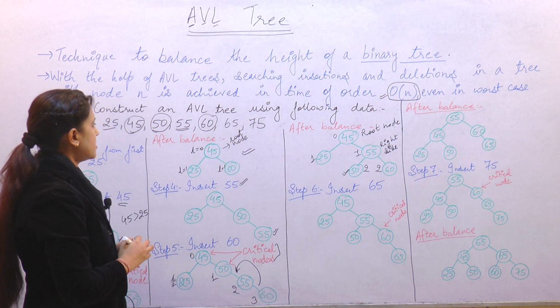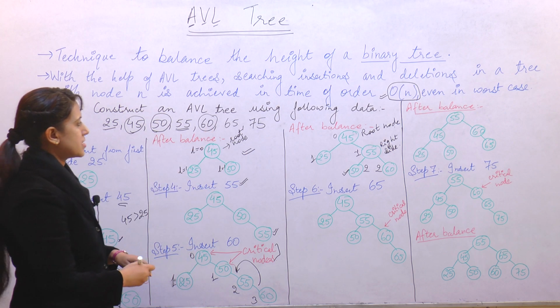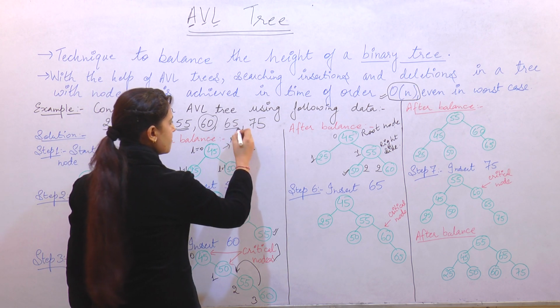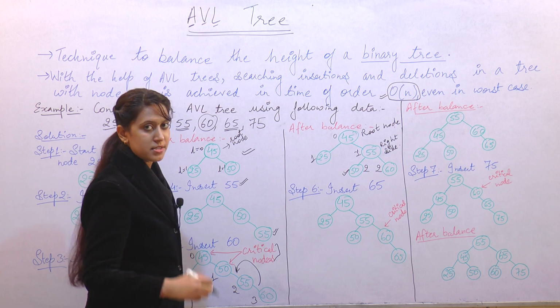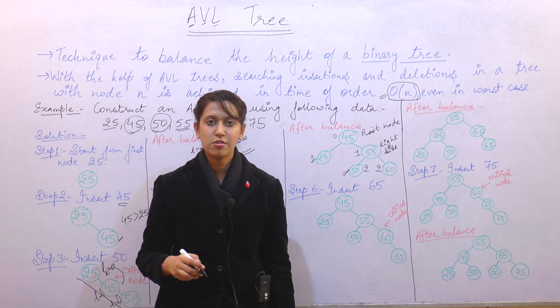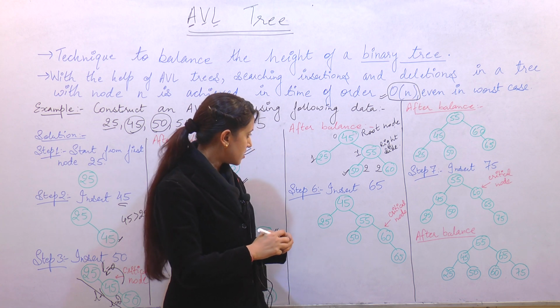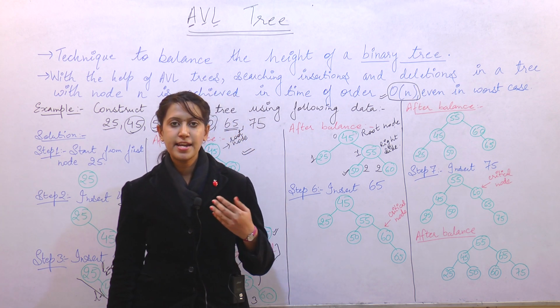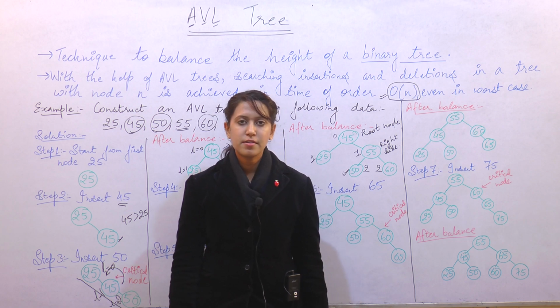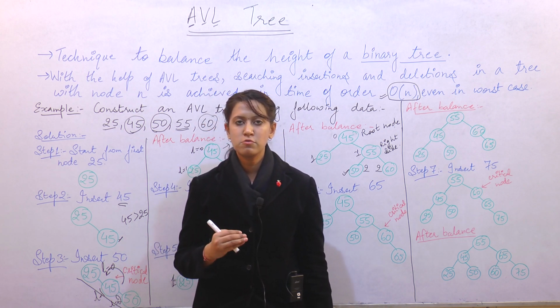So after inserting 60, our next element to be inserted is 65. For inserting 65, we will again follow the same operation, that while inserting any new node, we will start comparing it with the root node.